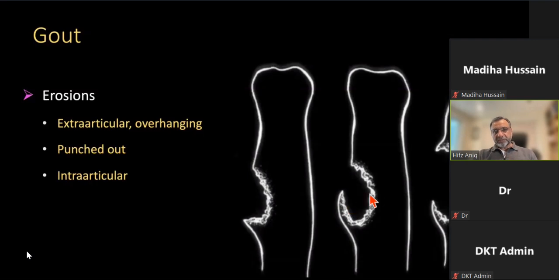So they can give this punched out rat bite type of erosions, but when you can see the well-defined hanging edge, that is typical of gout erosion.